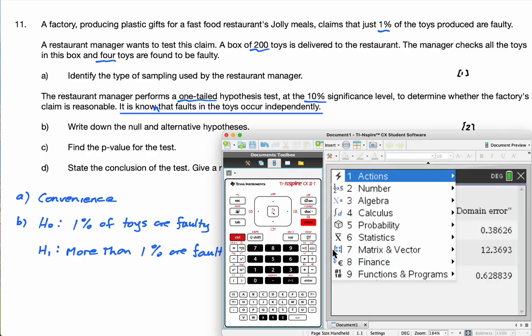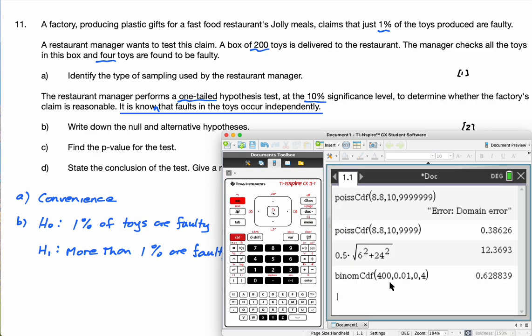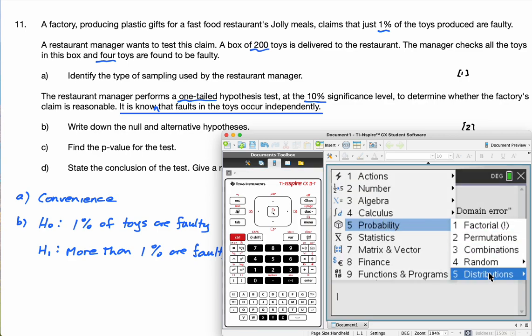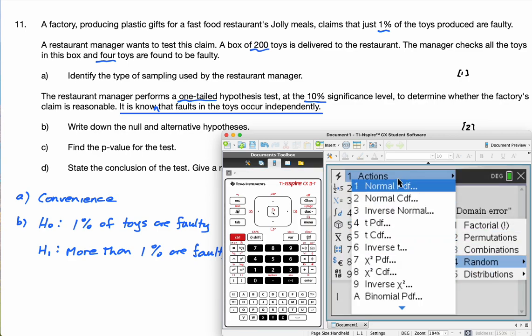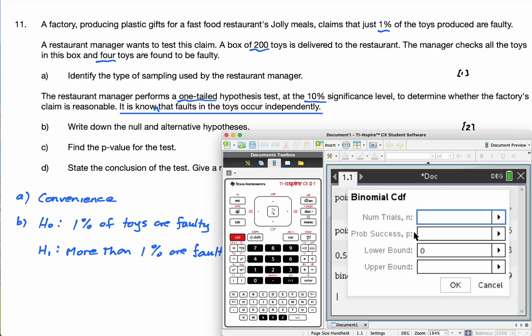So how do we do this? Well, we go to menu, probability, distributions, binomial, CDF. Number of trials is 200, probability of success is 0.01, lower bound 4, upper bound 200.